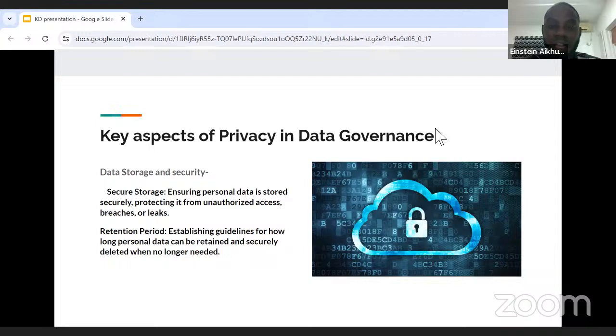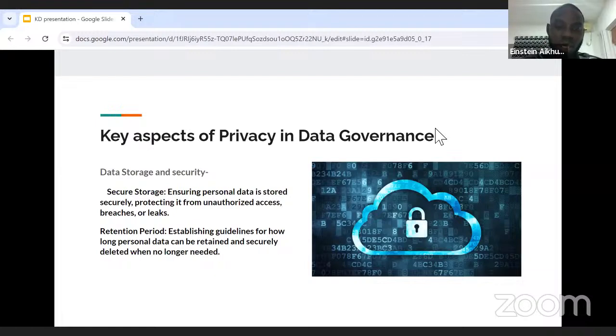Last year, a group of hackers known as Anonymous hacked some organization websites in the US and leaked various data of their users. They were known public figures in that organization, so as a result, the public figures had to sue the organization for not protecting their data securely. Secure storage is a very key aspect in privacy in data governance.